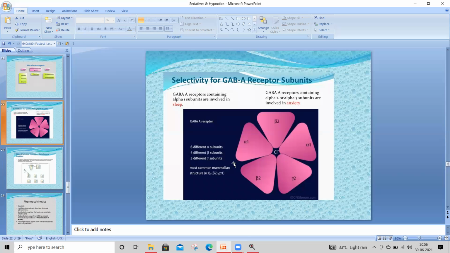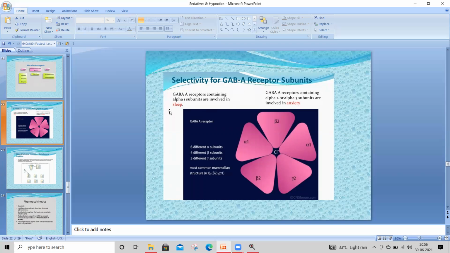Already I have said the GABA receptor has three subunits, mainly alpha, beta, and gamma. There are 6 different alpha subunits: alpha 1, alpha 2, alpha 3, like that. But the alpha 1 subunit of the GABA receptor is responsible for inducing sleep, and the alpha 2 and alpha 3 subunits of GABA receptors are responsible for anxiety.